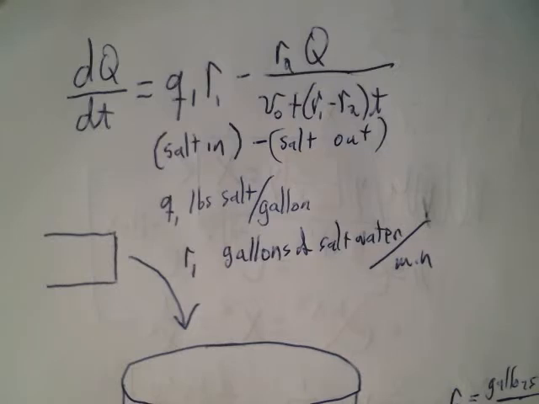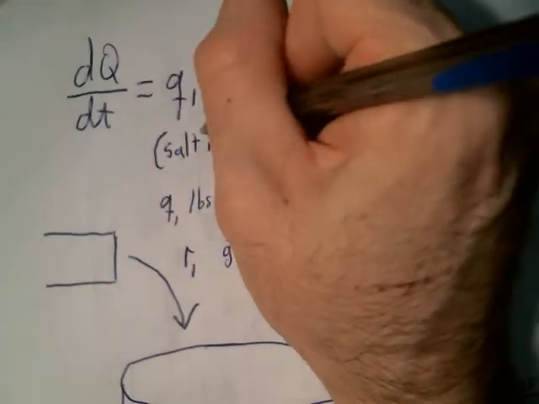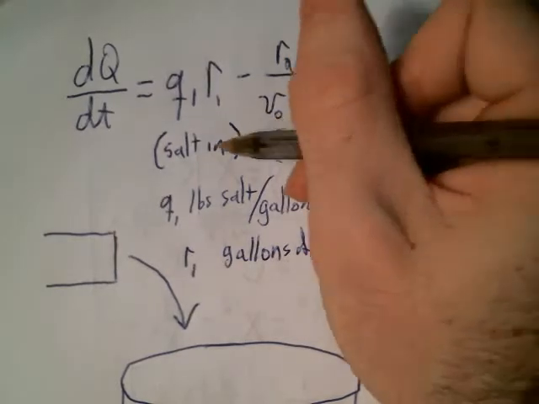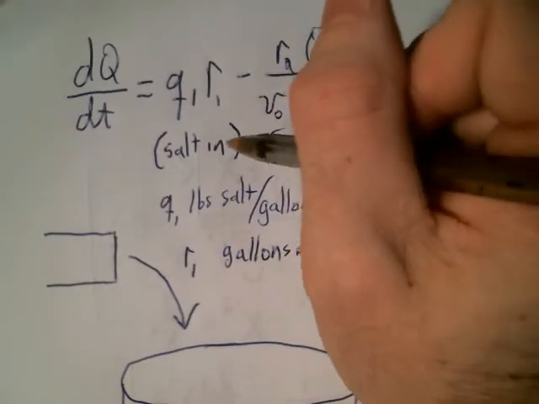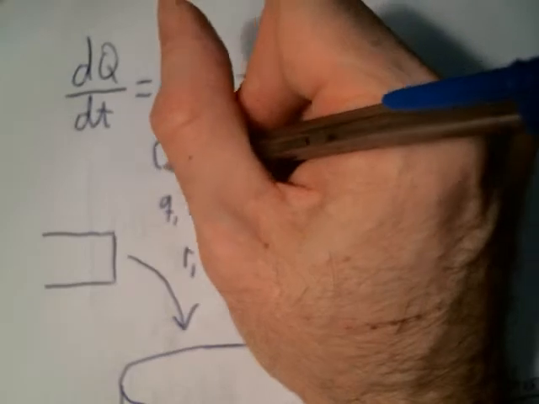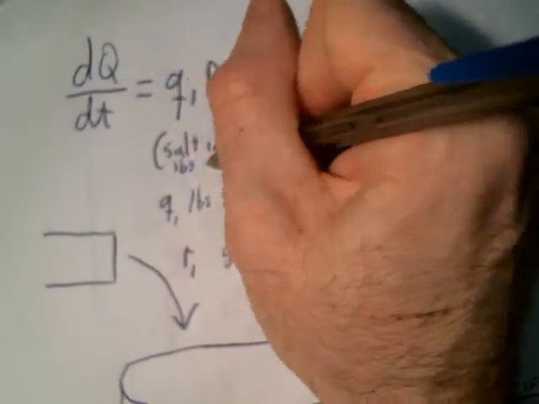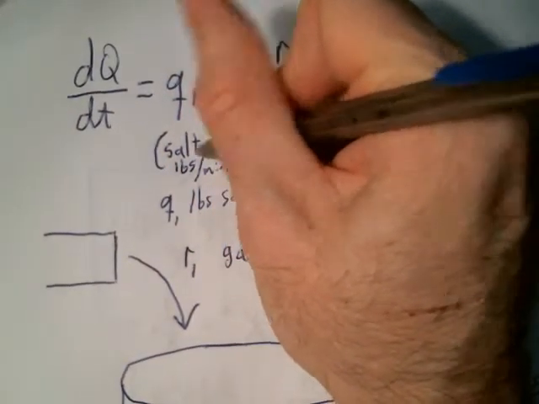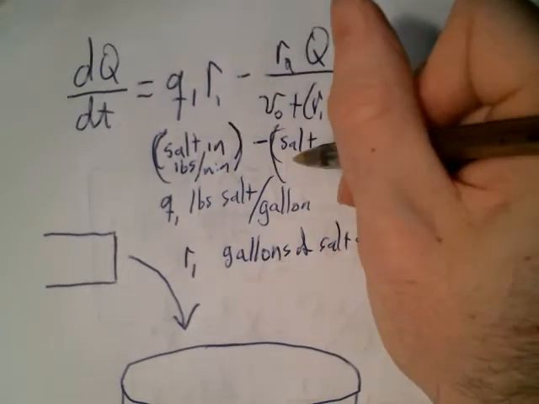So the rate of salt going in, the units are usually kind of the big key to figuring this out. This should be pounds per minute, and likewise this should be in pounds per minute.